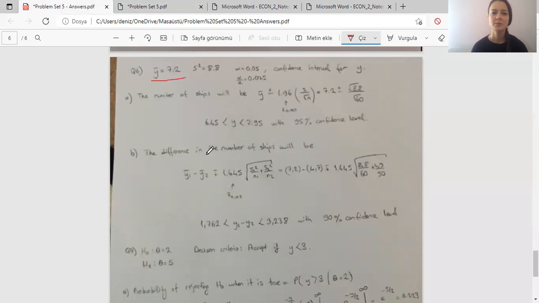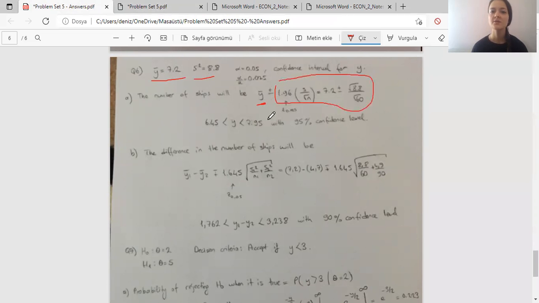Okay, so we have a sample mean and sample variance, and we know the alpha is given in the question. We are asked to find 0.05 confidence level. Okay, so in order to construct the confidence interval, the population mean is the sample mean plus minus our formula.